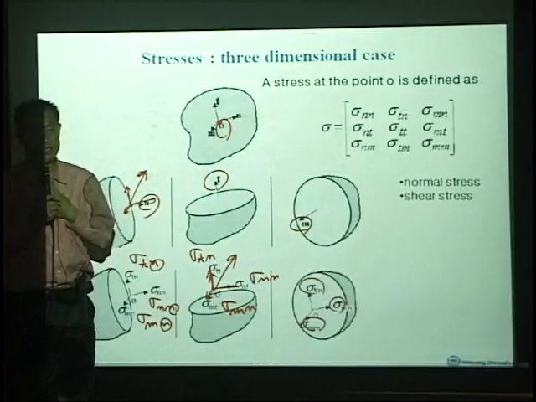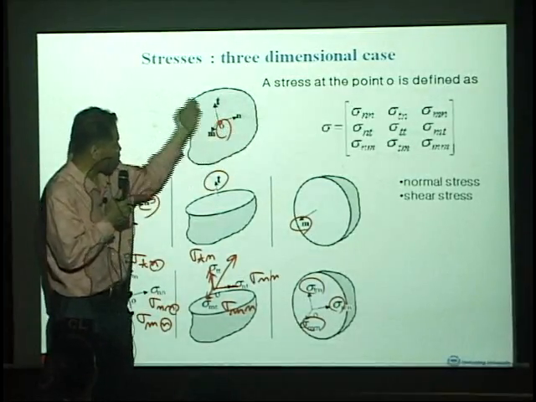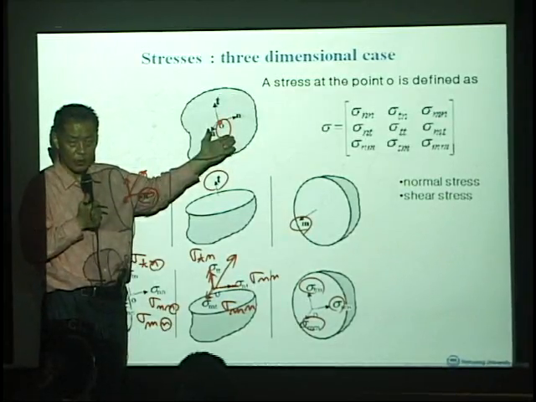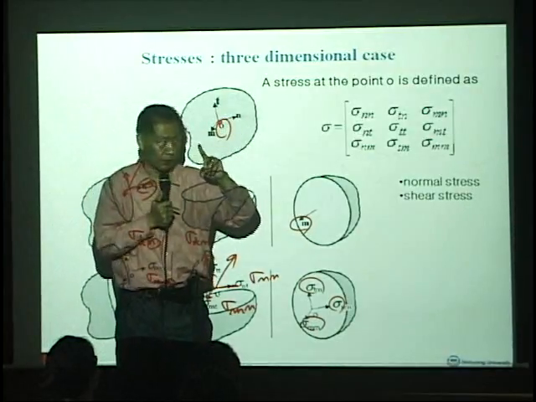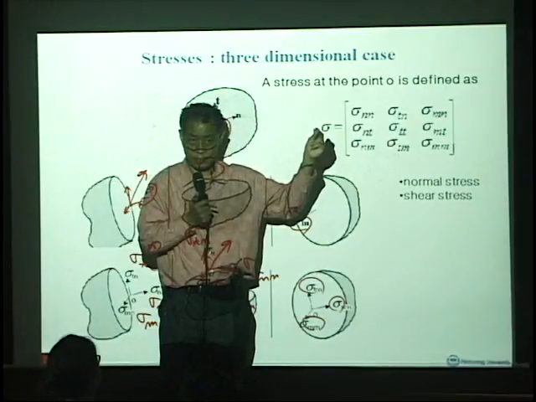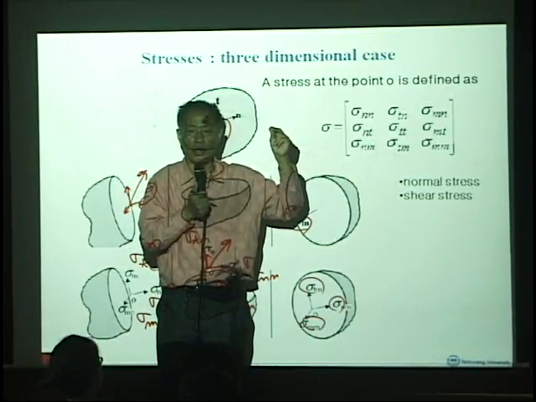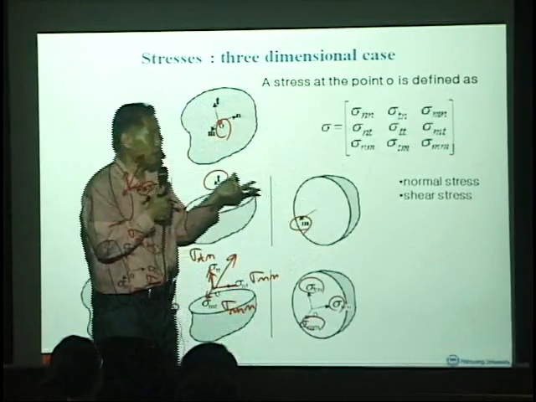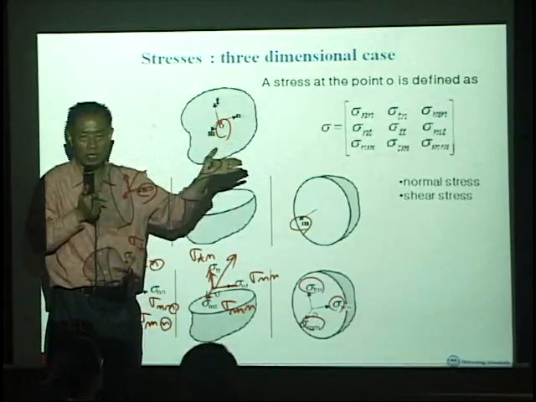You may ask, what if we want to cut in other directions? Well, as long as we have these 9 components of internal forces, we can always calculate internal forces in other directions.